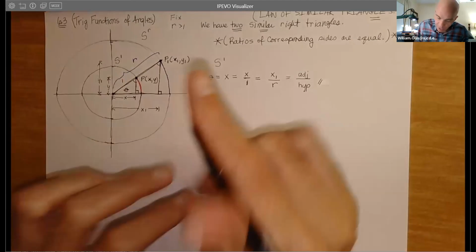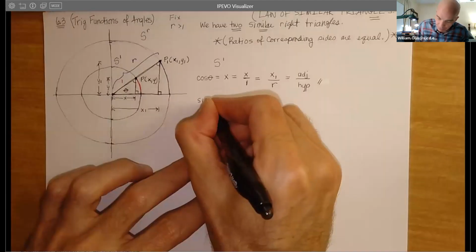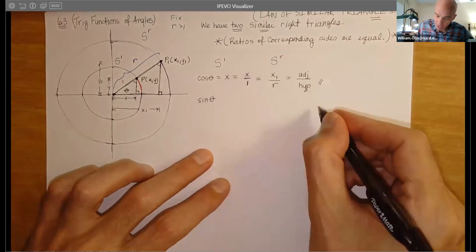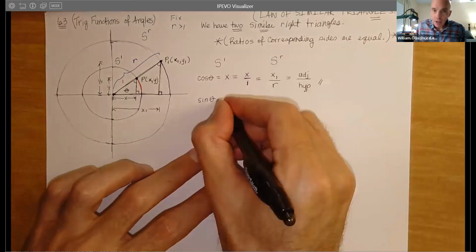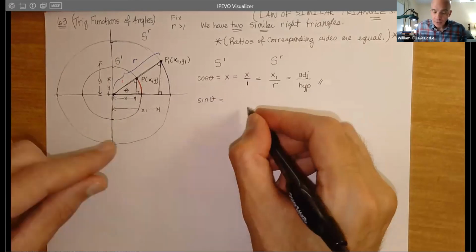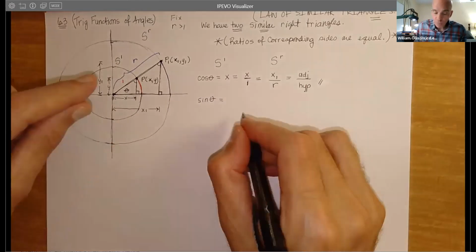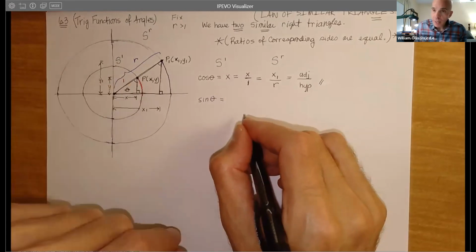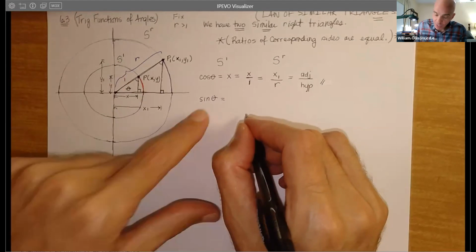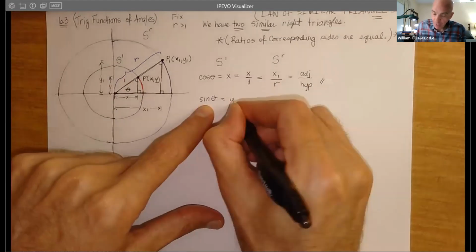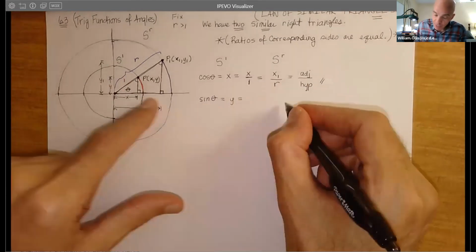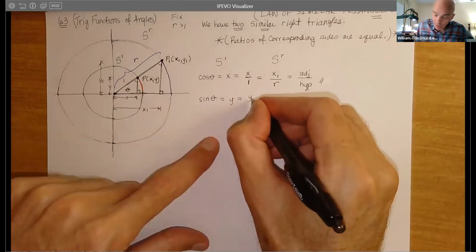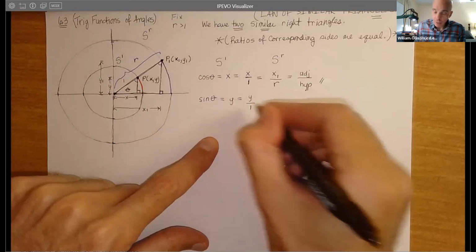Now for sine, it's the same thing. So here's the S1 and here's the SR. So we'll start with S1. If we're on the unit circle, the terminal point that corresponds to theta, or the distance along the unit circle, is (x, y), and sine theta is defined to be y. But we can write that as opposite, that's the opposite side, in this case y, divided by the hypotenuse.